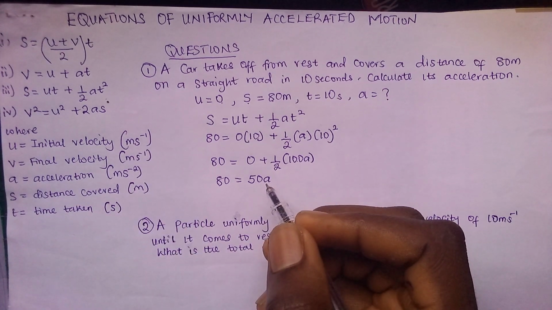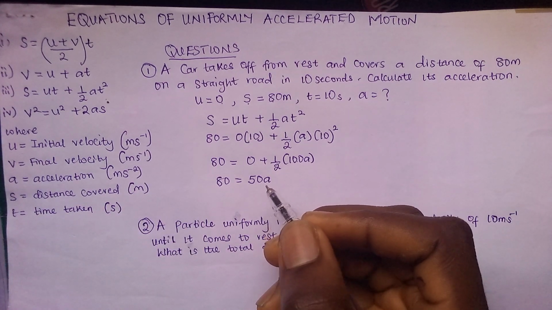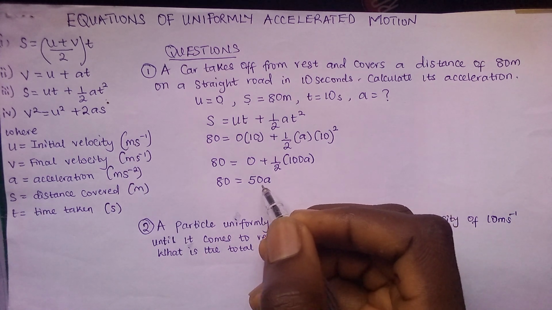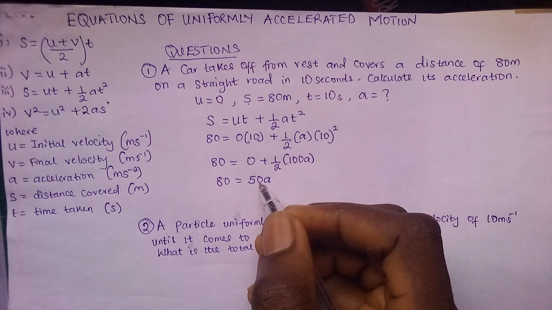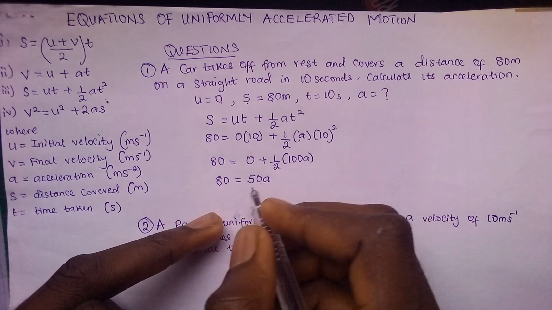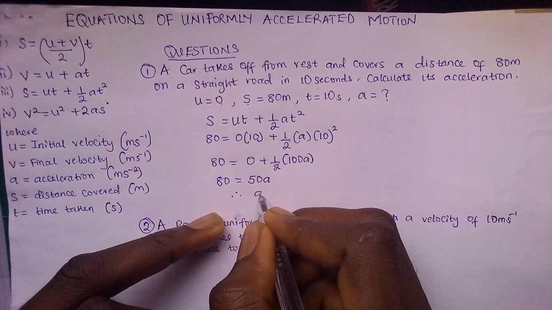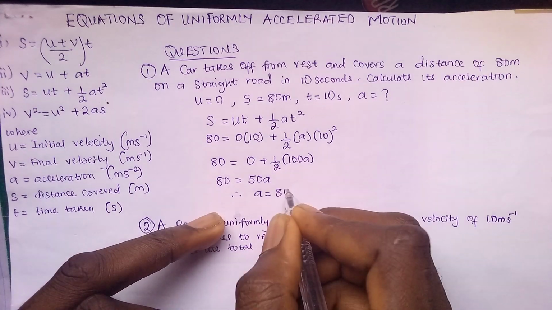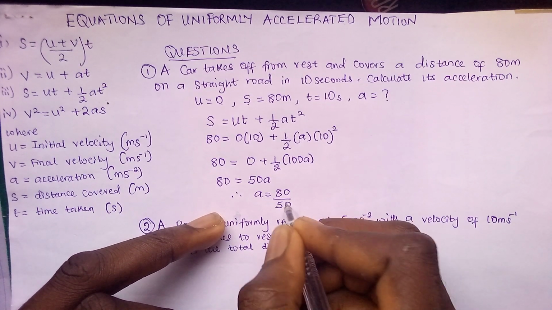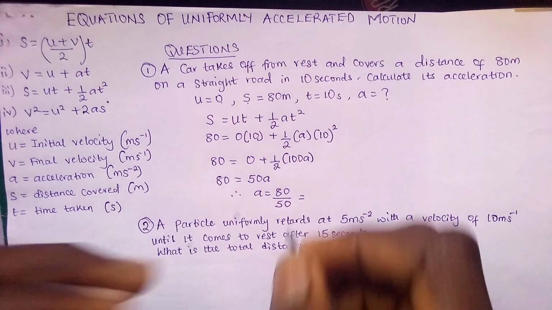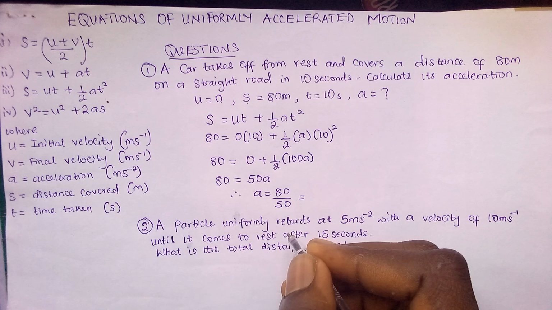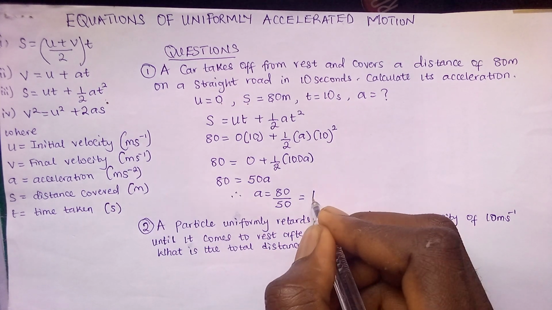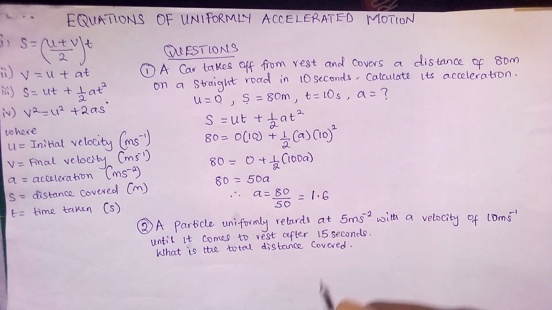Then to make a the subject of the formula, we need to divide both sides by the coefficient of a. We divide both sides by 50, and when we do that, we have that a is equal to 80 over 50. And when we punch our calculator, 80 divided by 50 is 1.6.